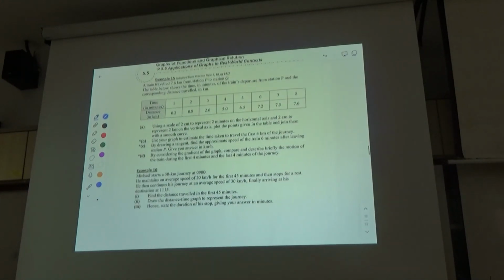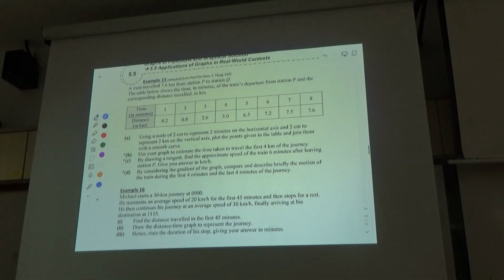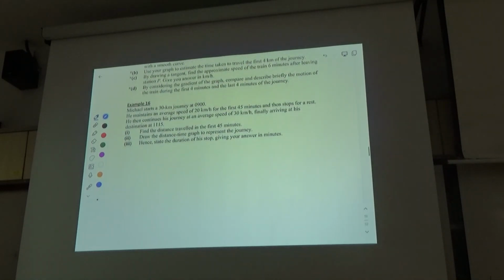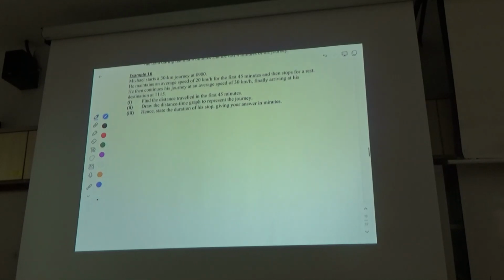I'm not going to cover example 15 yet, okay, because it requires us to draw a curve. However, I want us to take a look at example 16. This is where I need your graph paper to be out. Okay, take one piece of graph paper out.